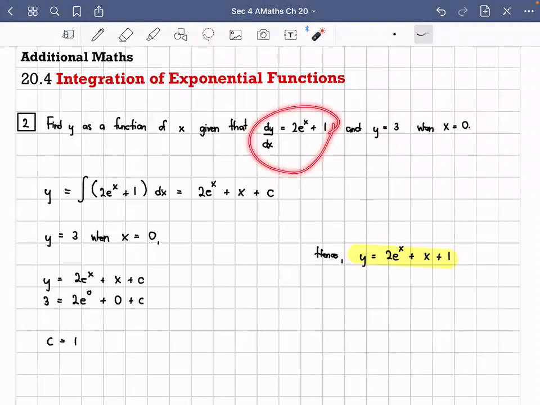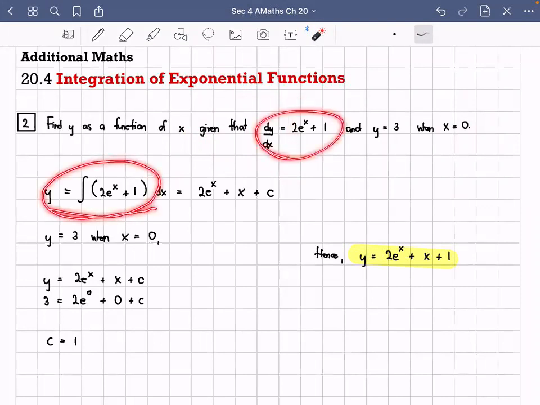How do we go back to the y value? Basically, we need to get the antiderivative of this. So the original equation was 2e raised to x plus c.